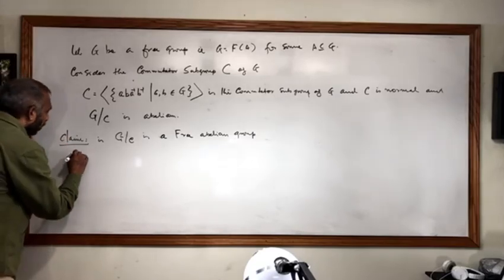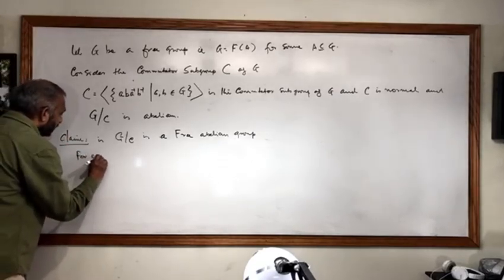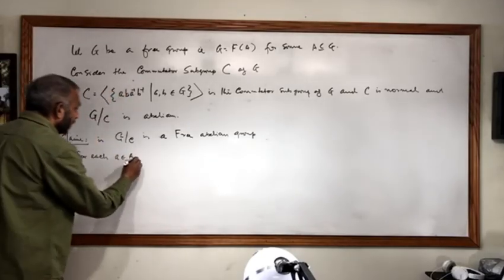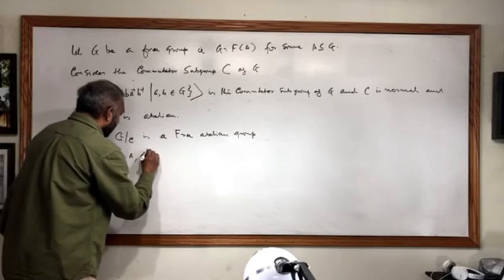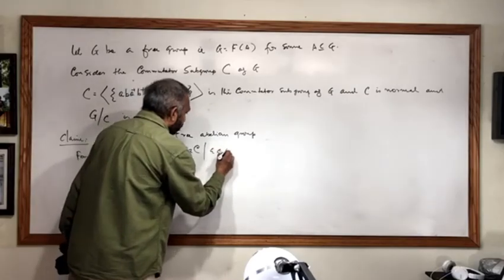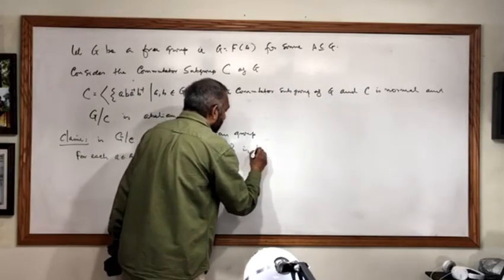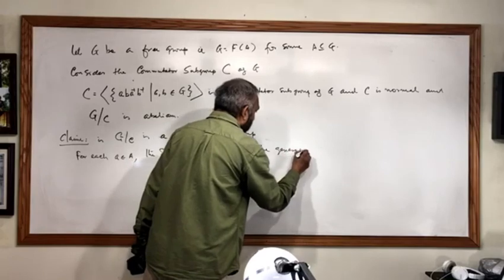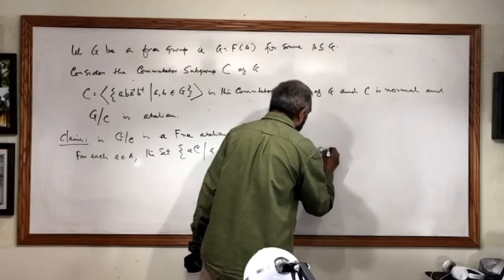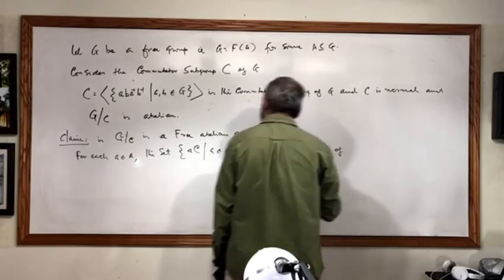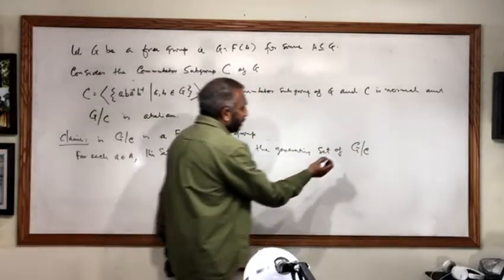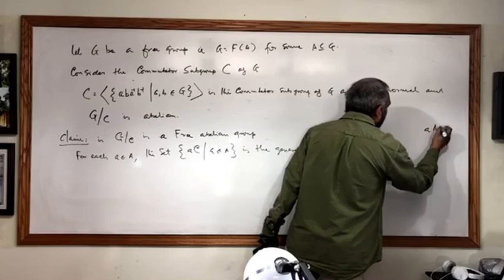So for each a belongs to A, the set aC, a belongs to A, is the generating set of G over C. See, any element of G over C is of the form aC.